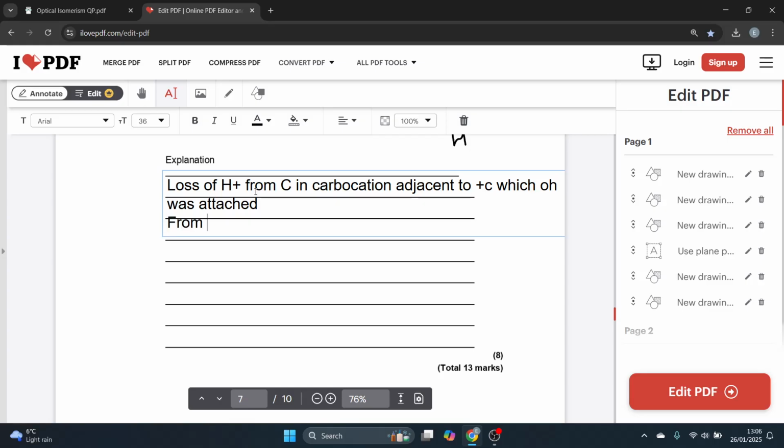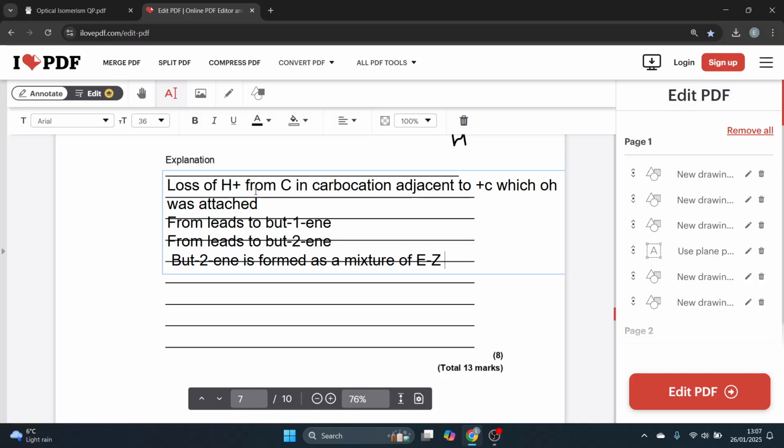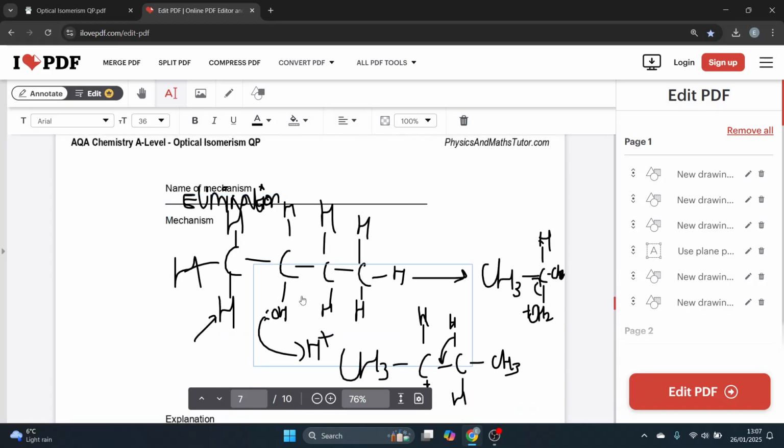From the first carbon, I would just draw out, leads to but-1-ene, and then from the other carbon leads to but-2-ene, and but-2-ene is formed as a mixture of E-Z isomers.